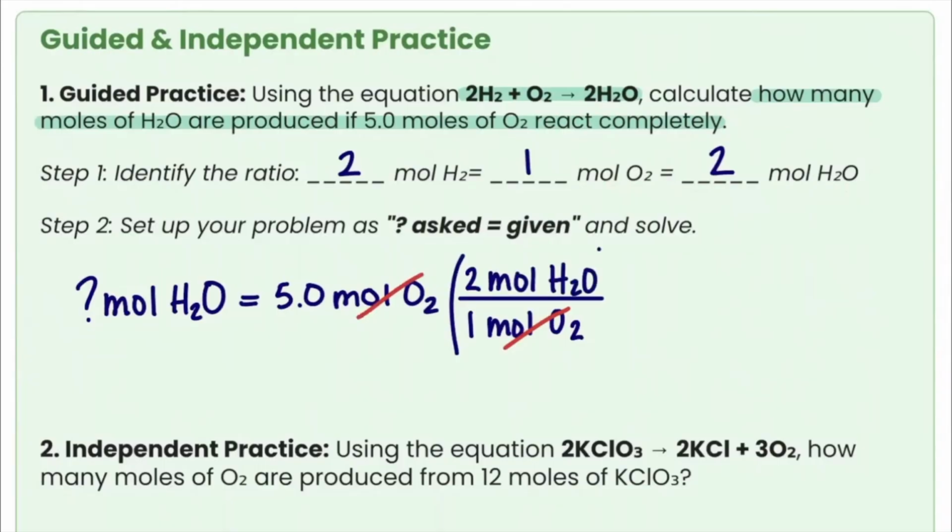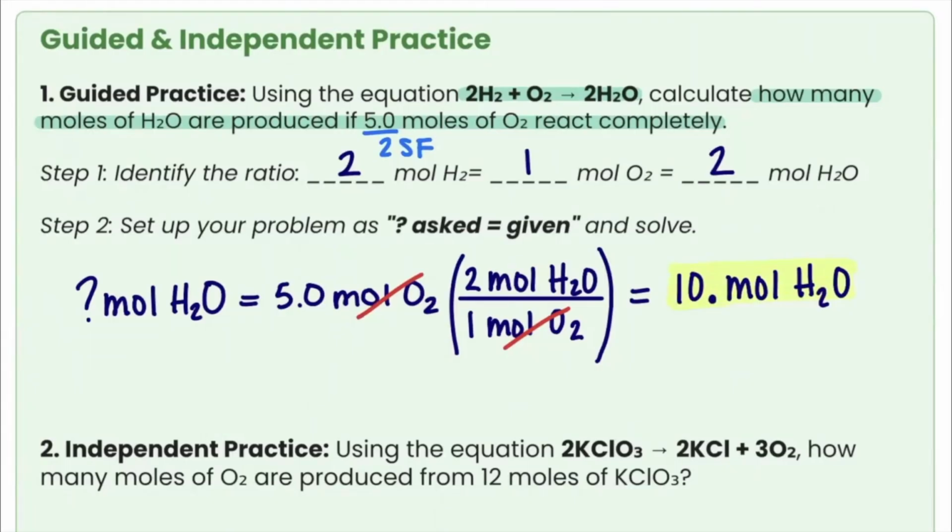Multiplying across, 5 times 2, that's 10. But because the question is originally giving you 2 sig figs, you have to report the answer to 2 sig figs as well. So the 10, you have to put a decimal after that 0 to denote 2 significant figures. And that's that.